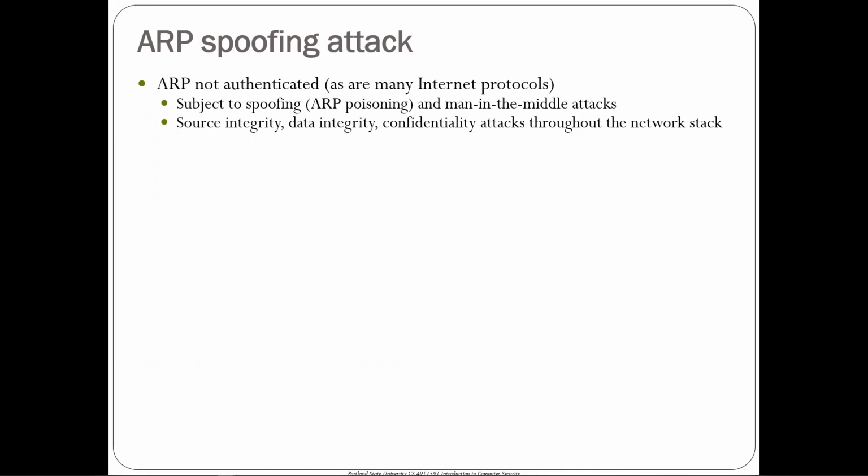And it can be used to compromise confidentiality because you can actually inject yourself into the middle of a communication by spoofing ARP of a legitimate destination and then taking all that destination's traffic and then forwarding it on to the network. So this is an example of source integrity and potentially data integrity and confidentiality with a person in the middle attack.